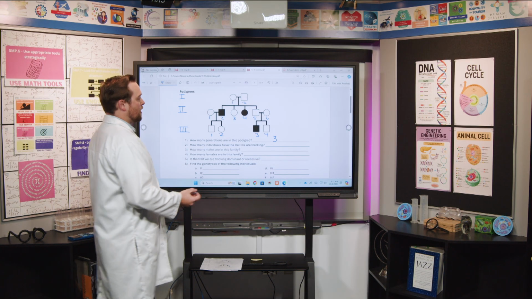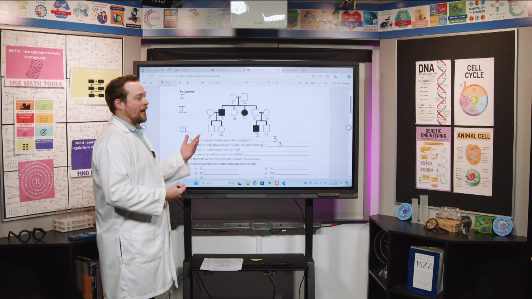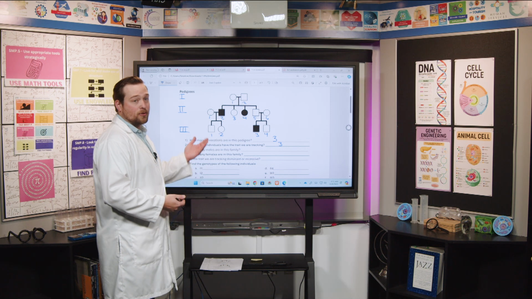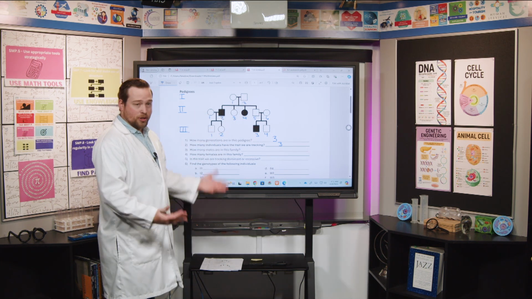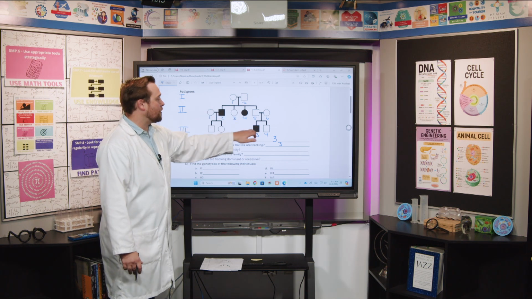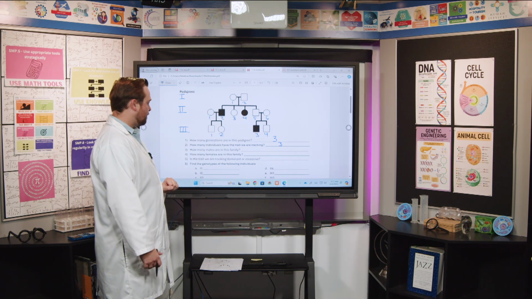Well, this is going to be 3 as well. Remember that for whatever trait we're tracking, we designate that person as having it by shading in the shape. So there are 3 shapes that are shaded, and that means that these 3 people have the trait. Whatever that trait is, these 3 people have it.